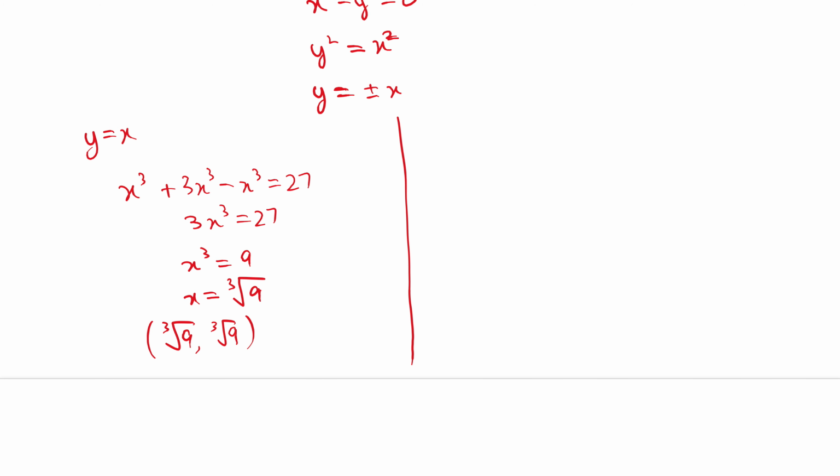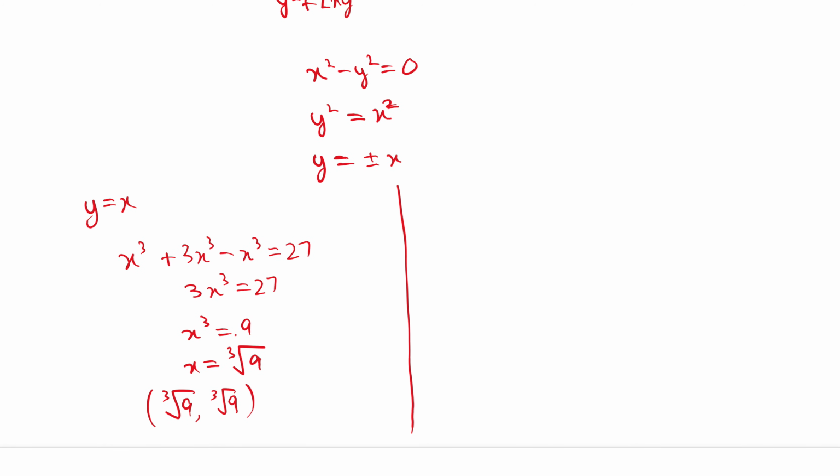So we have found the first coordinate, and now I can let y equal negative x in the original curve equation. So this will be negative x cubed plus 3x times negative x squared minus x cubed, and this is equal to 27.